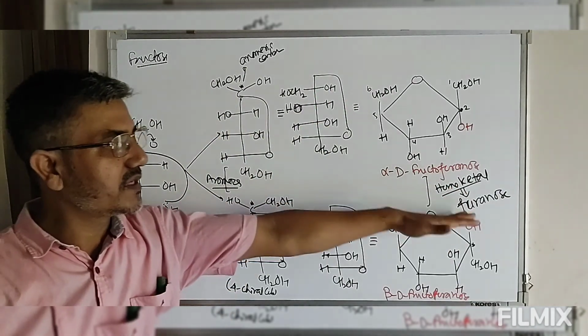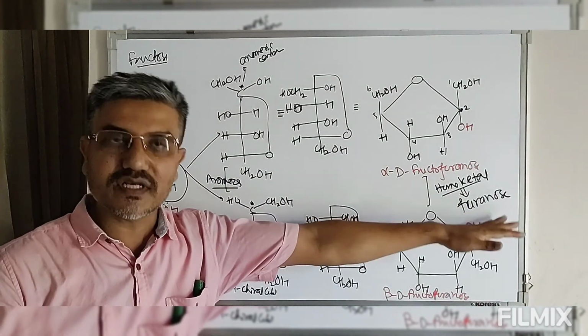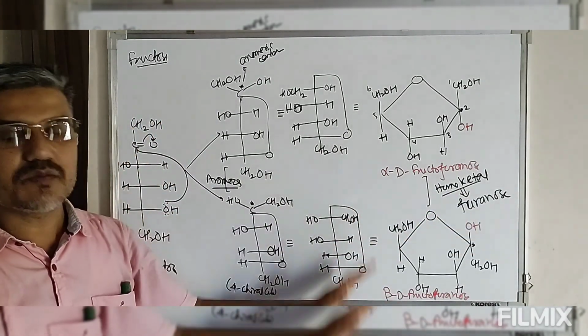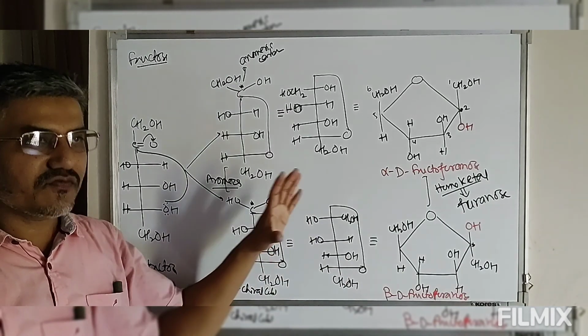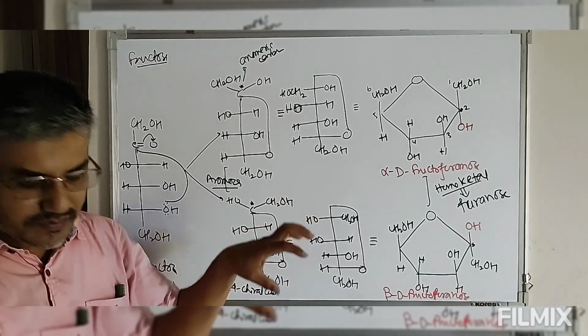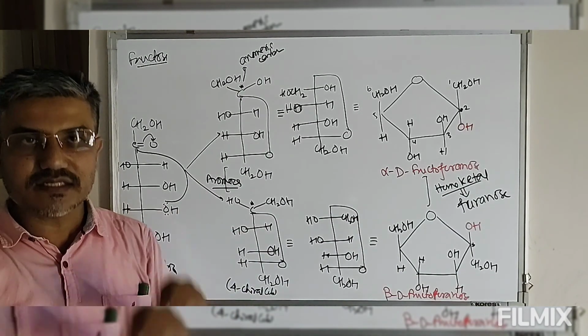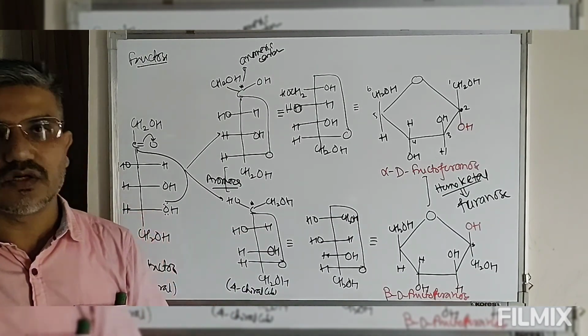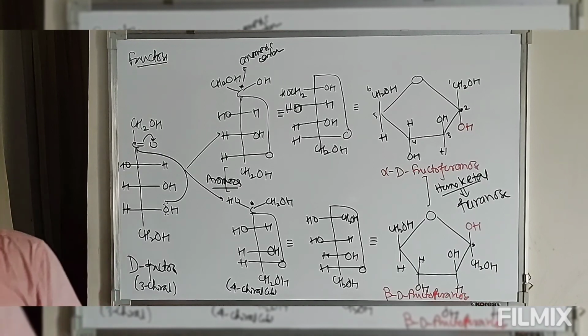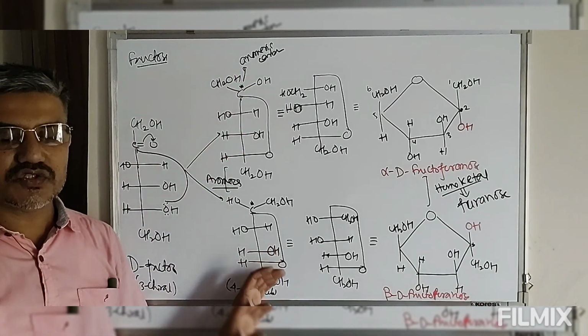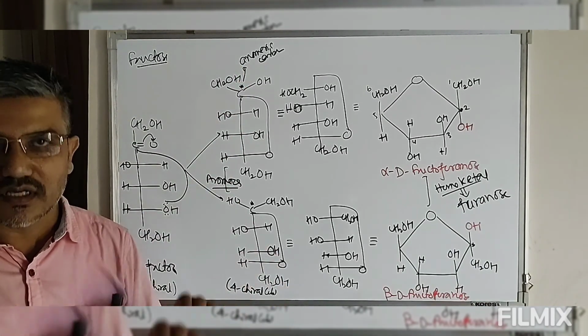The 5-member oxygen containing ring is known as furanose. So this alpha and beta form shows the presence of the cyclic structure of glucose as well as fructose. This is what we call the ring structure, or the Haworth structure, of carbohydrates.